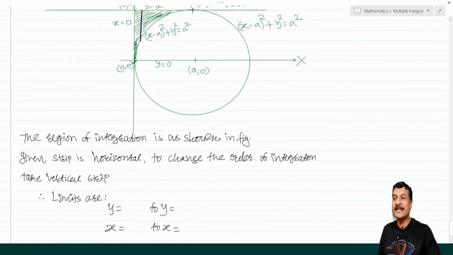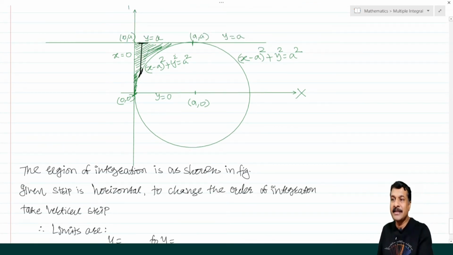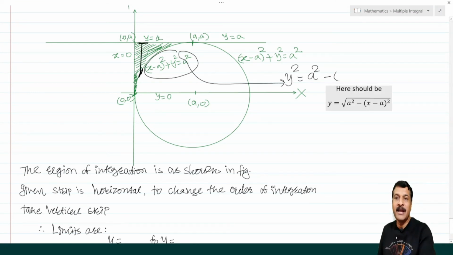So what is the equation here and what is the value of y here? From this, y square equal to a square minus (x minus a) whole square, and y is the square root of this.